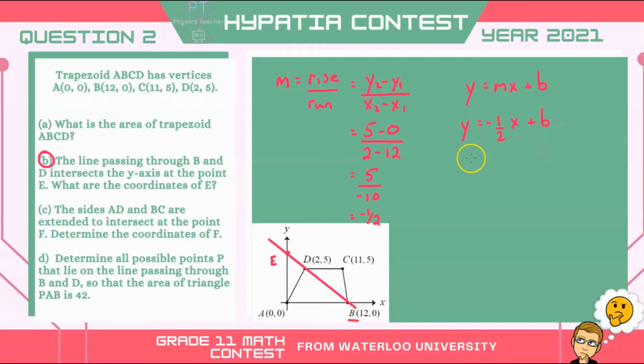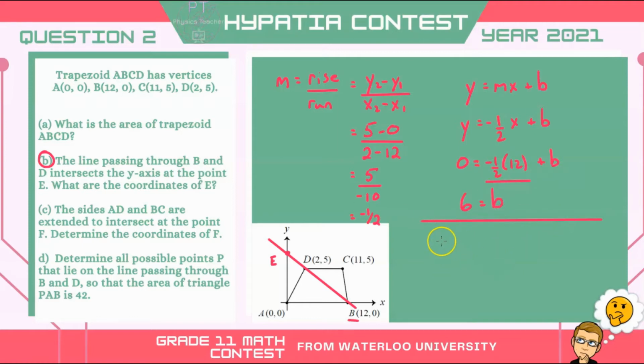So our y coordinate is 0, and our x coordinate is 12. So solving for b will bring this whole term to the other side of the equation, making it positive. 12 divided by 2 is 6, so this leaves us with 6 equals b.